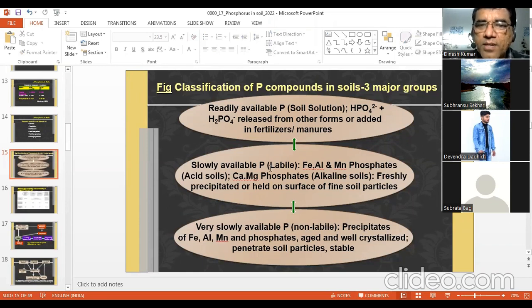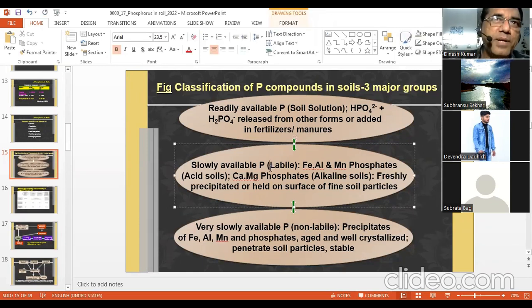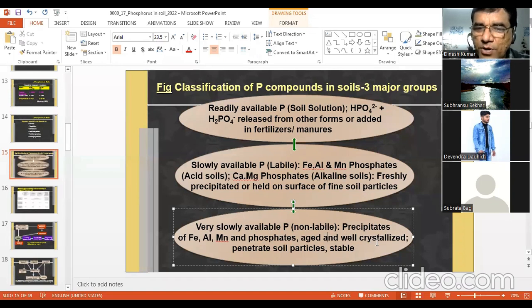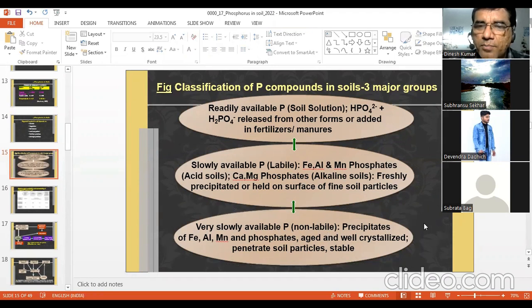Once they are fresh, they are labile. If they become aged, then they are very slowly available. Non-labile phosphorus: precipitates of iron, aluminum, manganese, and phosphate, aged and well crystallized. They penetrate soil particles and are stable, but they are in equilibrium with labile phosphorus.